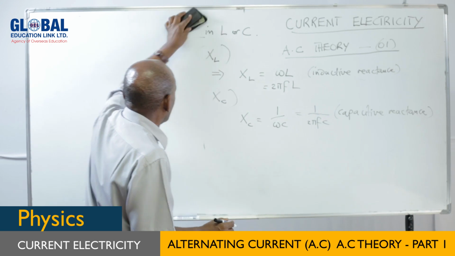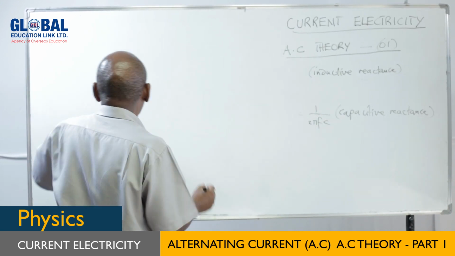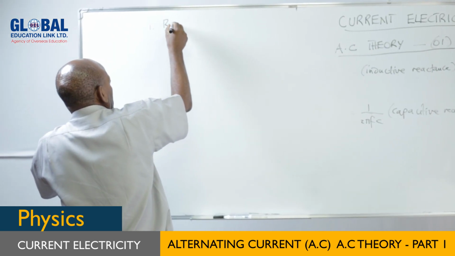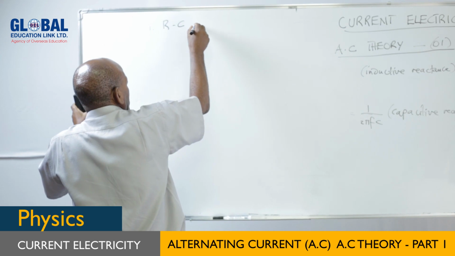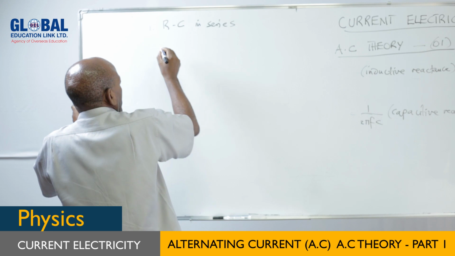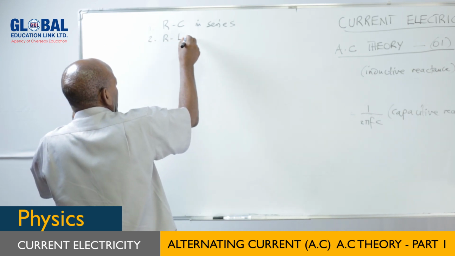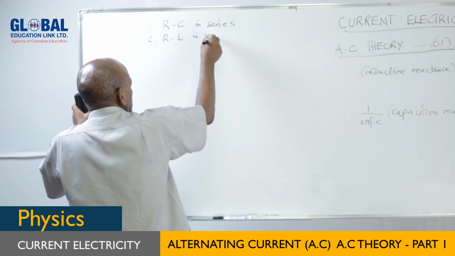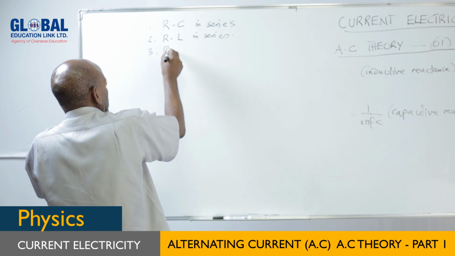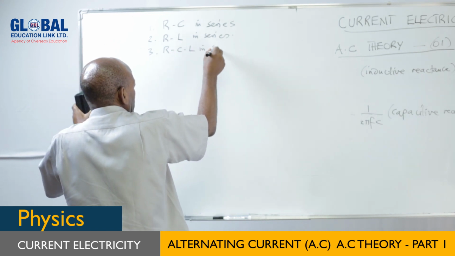First, we are going to look at a resistor and a capacitor connected in series. We shall look at the second case, a resistor and an inductor connected in series. And our last case, we shall look at all 3, a resistor, a capacitor, and an inductor, connected in series.